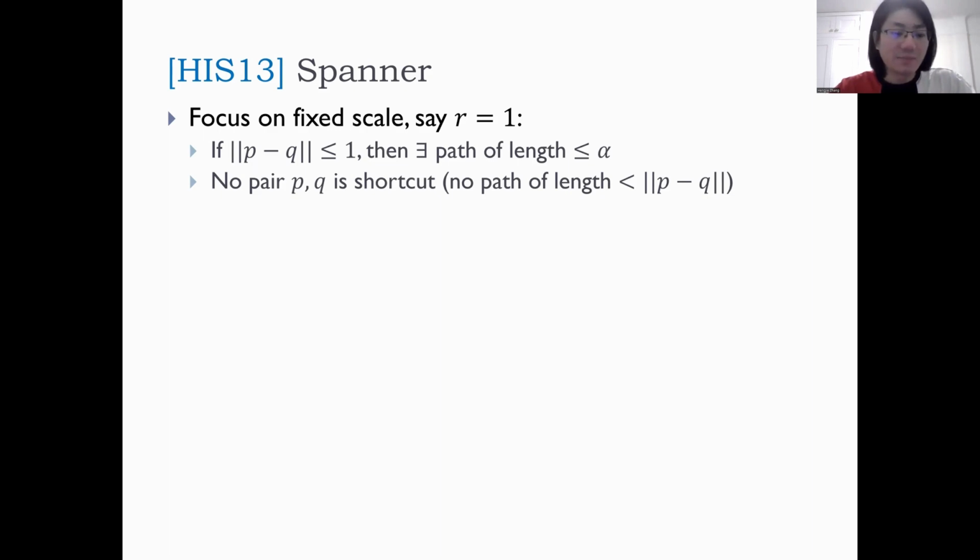Meanwhile, we need to guarantee that no pair PQ is shortcut in the spanner. Specifically, there should be no path of length less than the distance of PQ in the spanner.